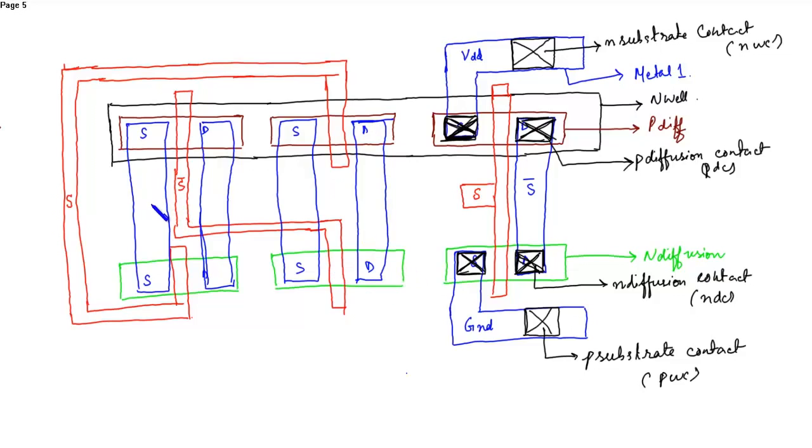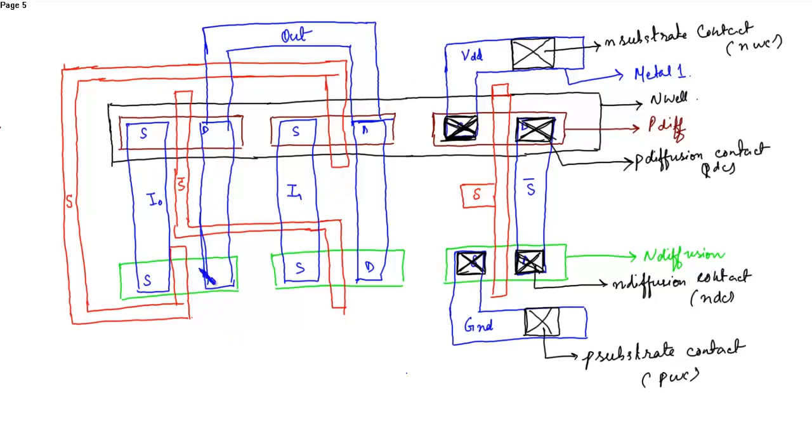Okay. So now this is input I0 and this is input I1. These two are the output. So the outputs are connected from here. This is out. Okay.